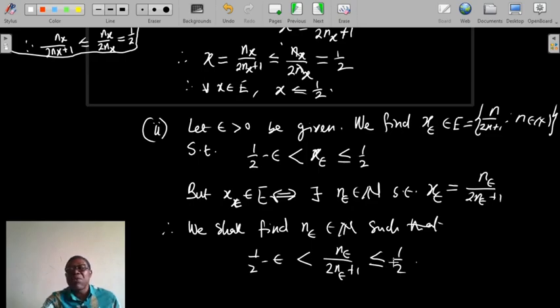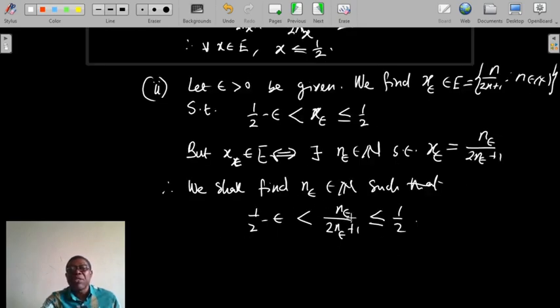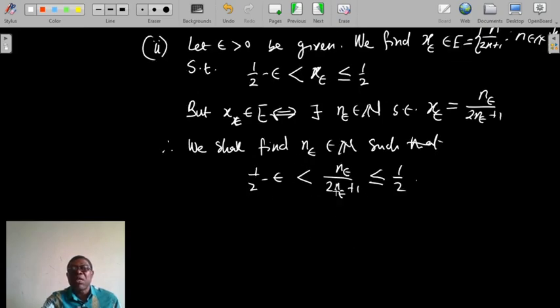So the one that will give us the n_epsilon we are looking for is this part of the inequality. Looking at this inequality will enable us to get the range of n_epsilon that will solve this problem. Once we get the range of n_epsilon, we can choose any of them, and that will do the job for us. So what we shall now do is compute as follows.